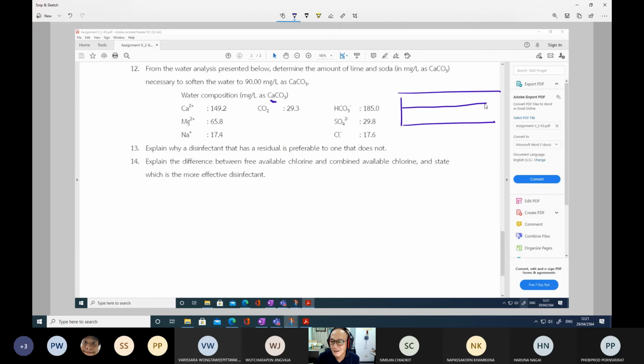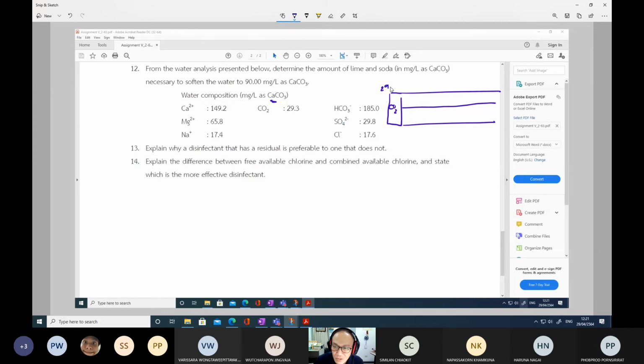This is the positive ion, the cation. Carbon dioxide is not an ion, so we put it here. This one is CO2, already in milligrams per liter as calcium carbonate, so it's all the same units.